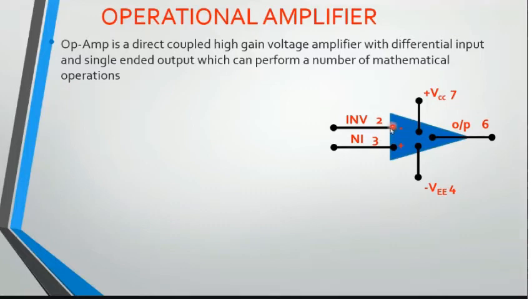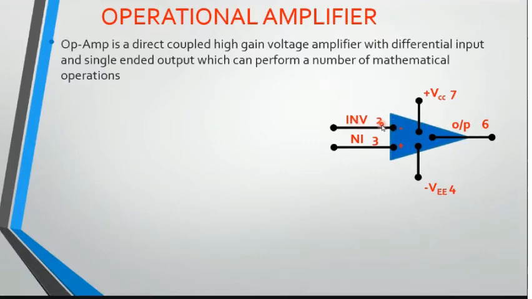So as I told you, how do you draw the symbol of an operational amplifier? Draw this triangle like this. Then you have two input terminals, one output terminal, and two terminals for the battery. Here it is written INV, the short form for inverting terminal.